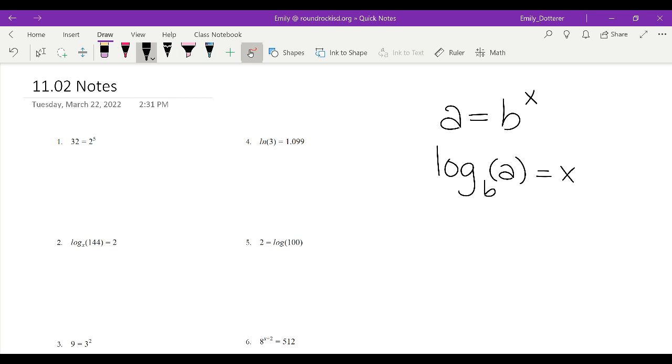So these are the forms that we're looking at. Now, they might be written the opposite way, like b to the x equals a.